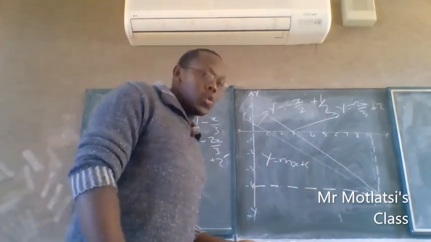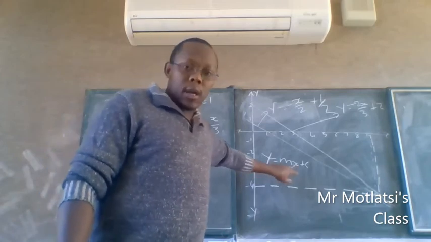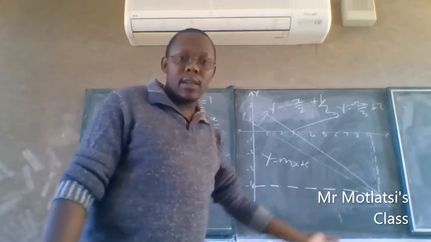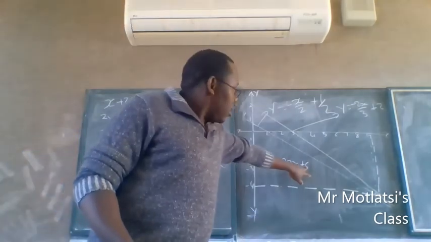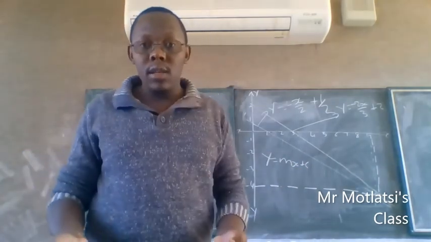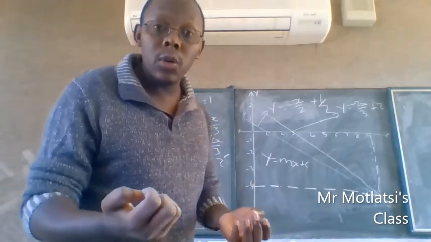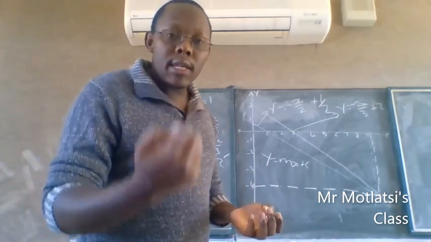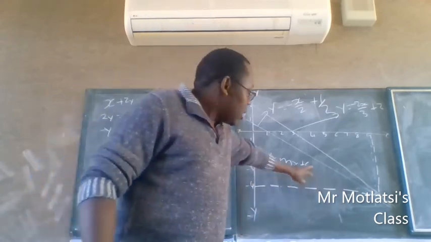You must reduce your equations to the following format: y equals mx plus c. Now that you have your equations like this, c is the y-intercept. If you have c, you already know exactly where the line is going to cross the y-axis, which is c.